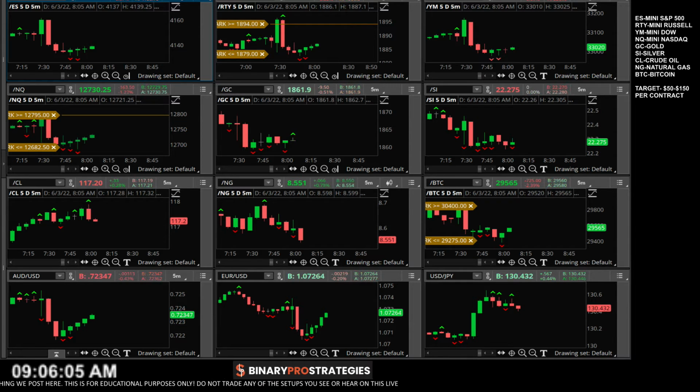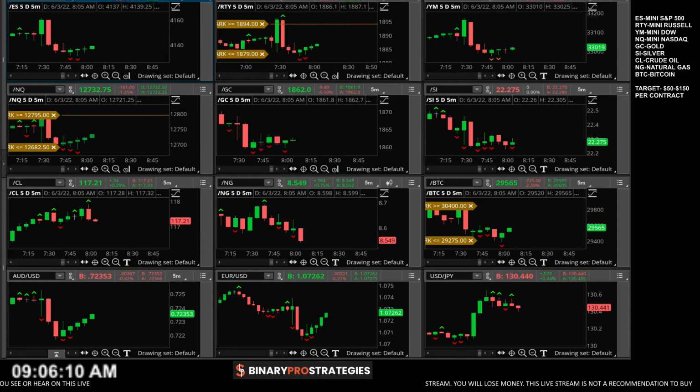We're still short US Tech, which is NQ, or the mini NASDAQ. We're still short the mini Russell, which is RTY. And Bitcoin also has a short on, so short across the board.